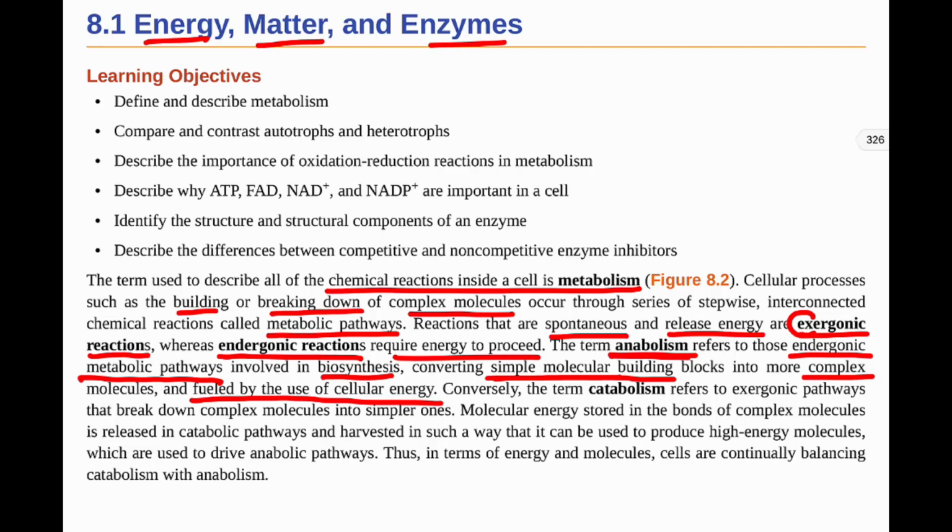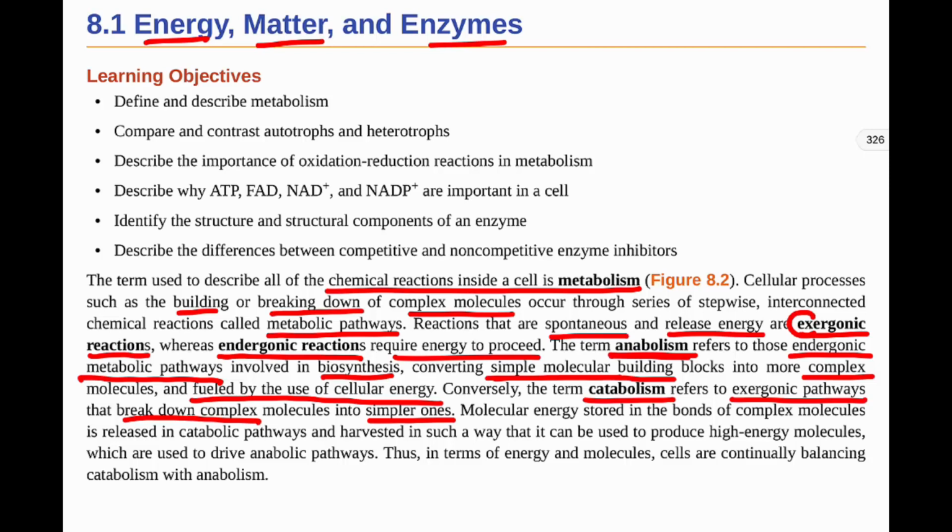On the other hand, we have catabolism, and catabolism is an exergonic pathway, so one that releases energy. That is where we have a breaking down of complex molecules into more simple molecules. In the previous example, that would be taking a protein, and catabolism would be breaking that protein down into its individual amino acids. And that would then release energy.